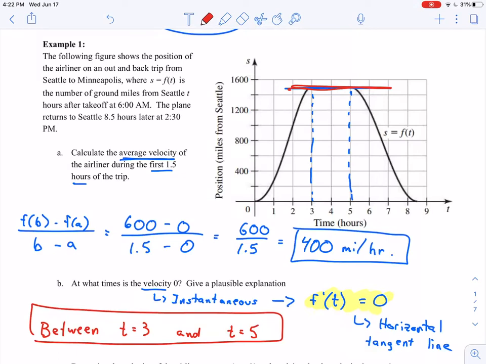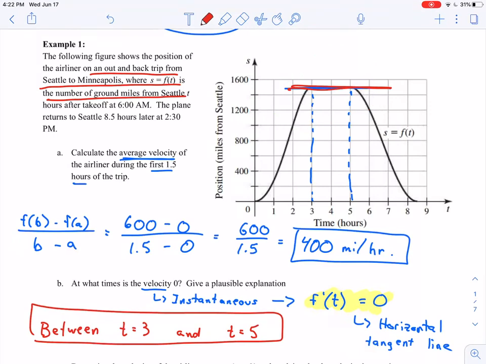It says we have an airliner that's on an out and back trip from Seattle to Minneapolis, where S equals f of t is the number of ground miles from Seattle t hours after takeoff. So if I think about what happened, my plane took off from Seattle, it landed in Minneapolis, and then it flew back. So I have this gap right here. What's the logical explanation for what's happening right there?